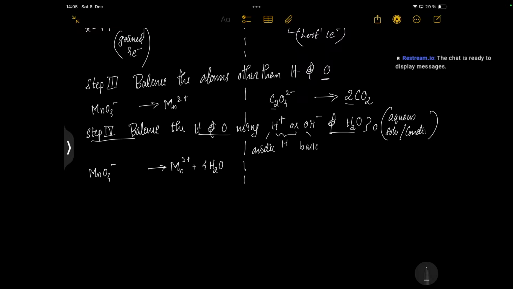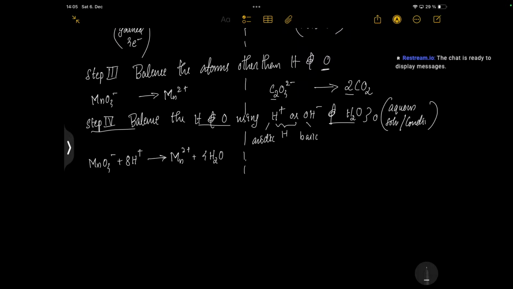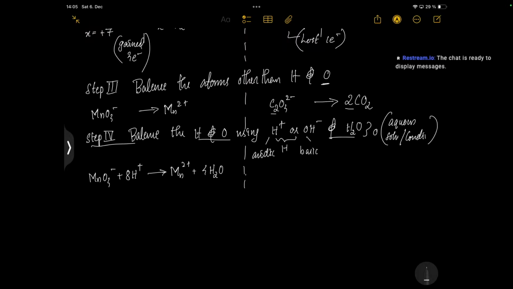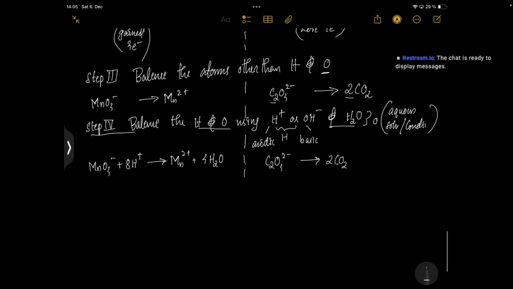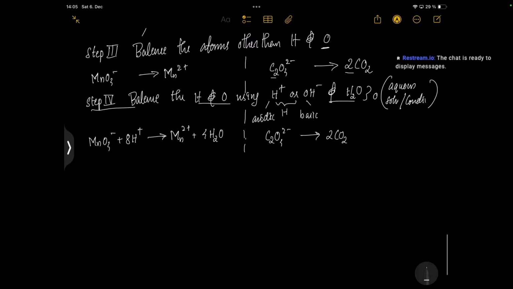The right side has 4 oxygen but 8 hydrogens, so we balance the hydrogen using 8 H plus. Now that is balanced. But in the case of C2O4 2 minus and carbon dioxide, it's already balanced. No H plus or H2O is required.